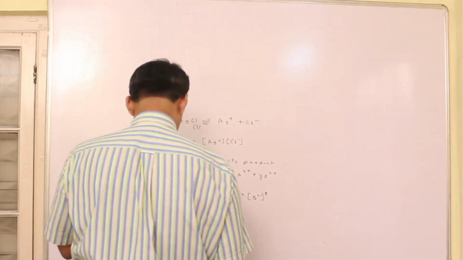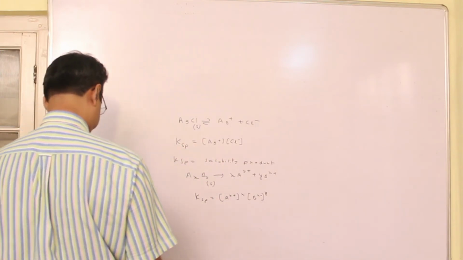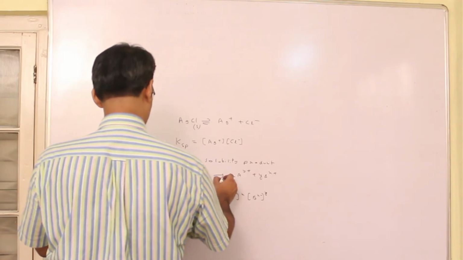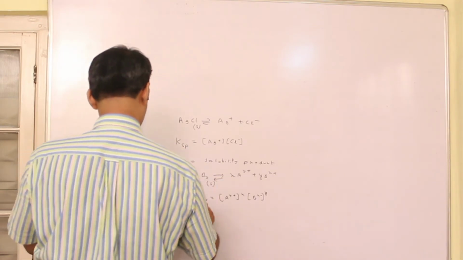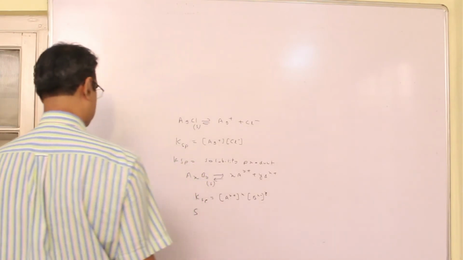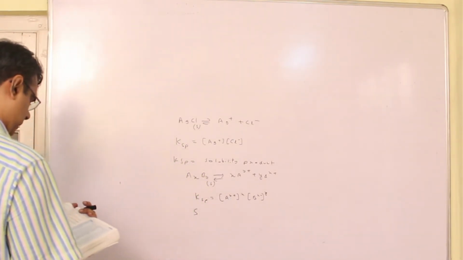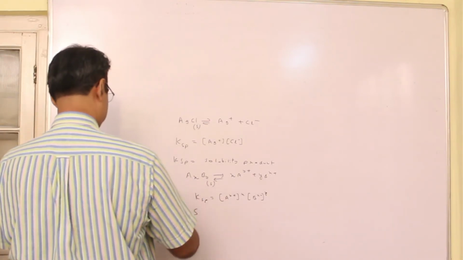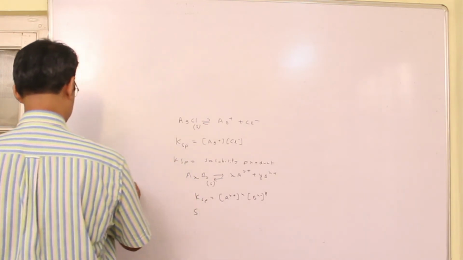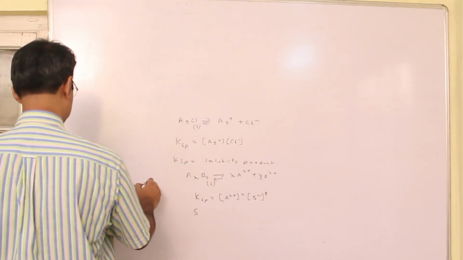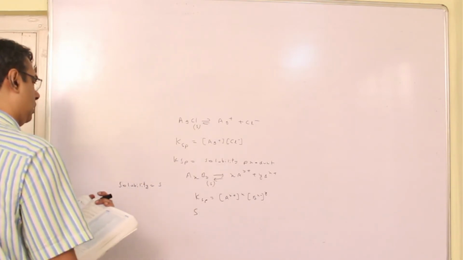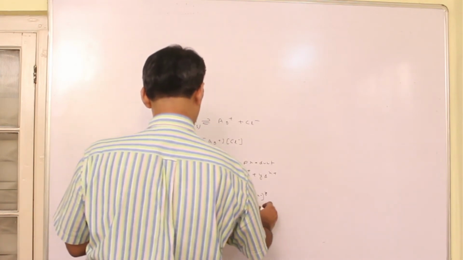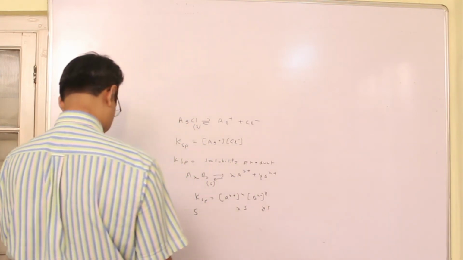Now let us say that at ionic equilibrium of this reaction, the molar concentration of AxBy, which we call solubility, is S. So these ion concentrations will be xS and yS.